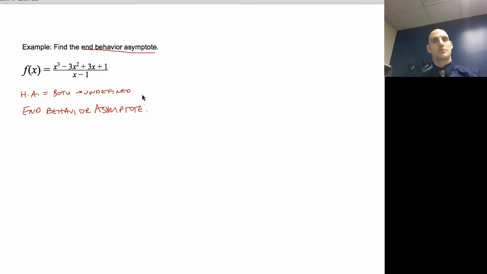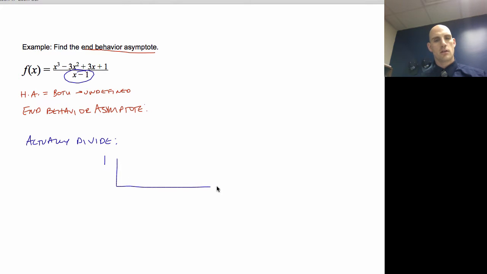We have to actually divide. Because I have an x minus 1 down here, I can do synthetic division. So I'm going to pick 1 here, and I'm going to put in my coefficients: 1, minus 3, 3, and 1. Bring down the 1, multiply, and add. Multiply, and add. Multiply, and add. So what do I have?